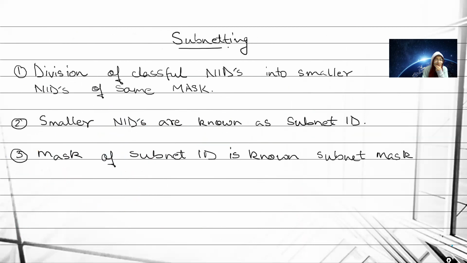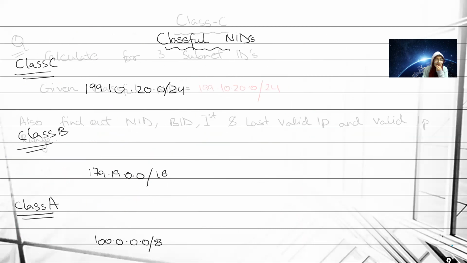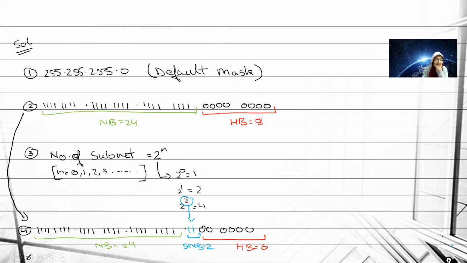Let me tell it this way only. How can we get 192? 128 plus 64 is 192. And when 2 bits are open, it gradually comes to 192. We learned in the short trick over there.